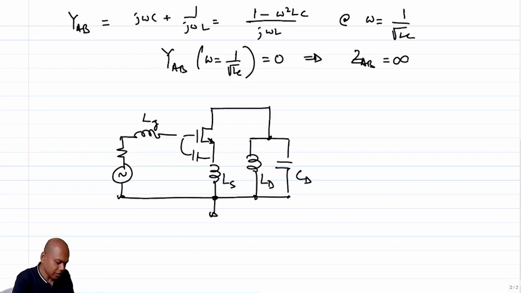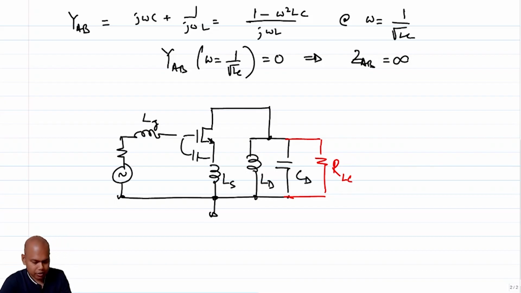So I can essentially model everything as some RLC, where it is implied that this is a parasitic resistance associated with the LC tank, right?